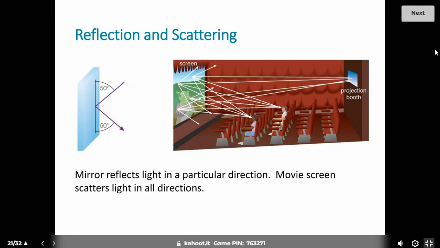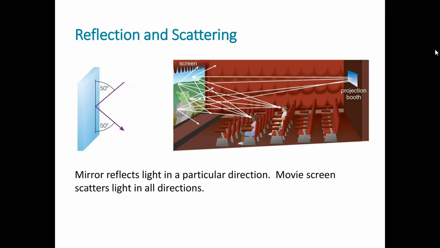For reflection, if you have something like a mirror, this purple light is a light ray. The light ray has some incident angle onto the glass, and when it's reflected, it will bounce off at that same angle and go out the opposite direction. Something like a screen, like at a movie, or this screen that we're looking at now, if you have a projector, that projector is sending photons towards the screen.